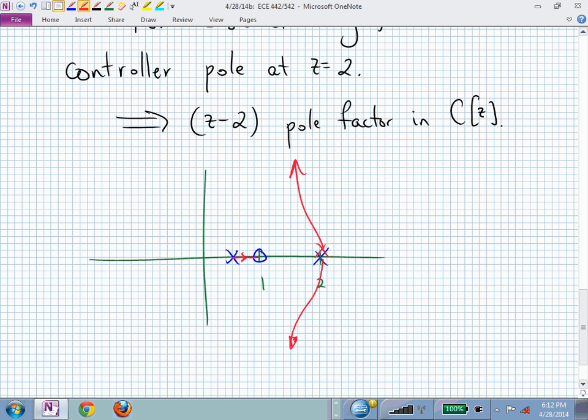But we want to bend those branches, those complex branches, we want to bend those over into the unit circle. And how do we draw branches towards something?